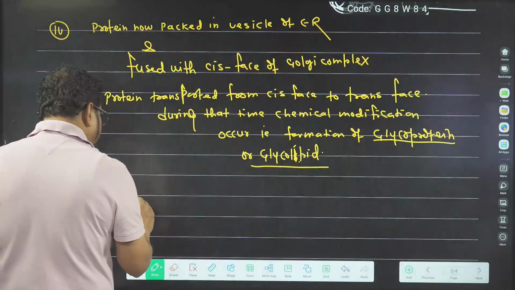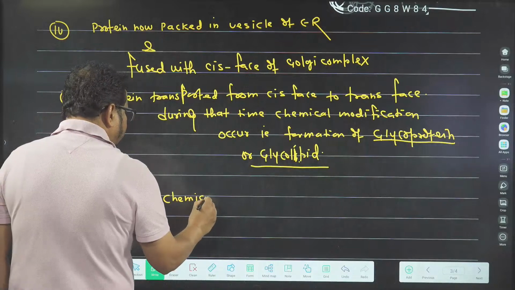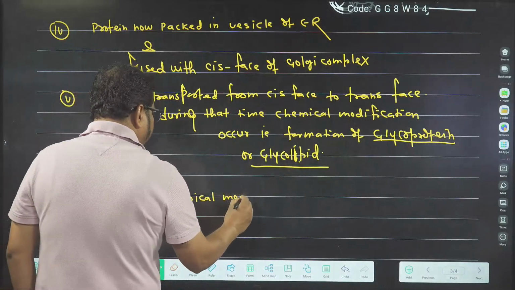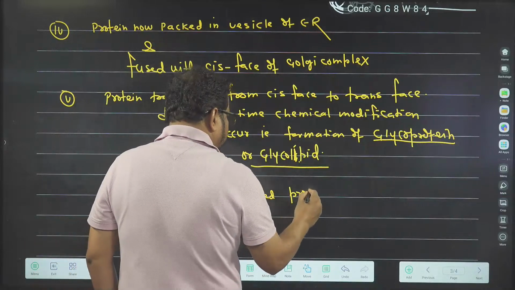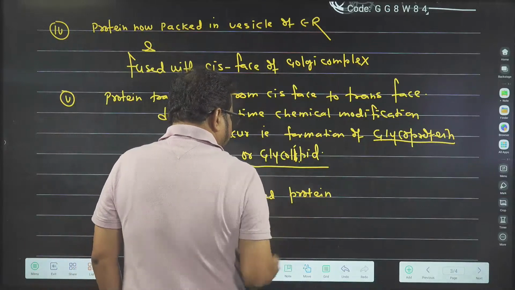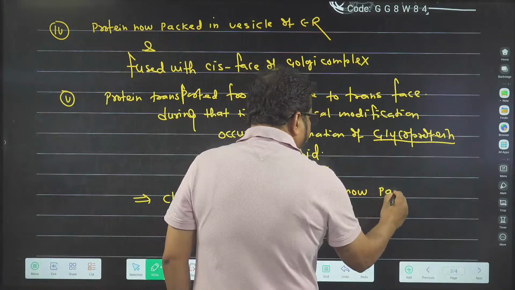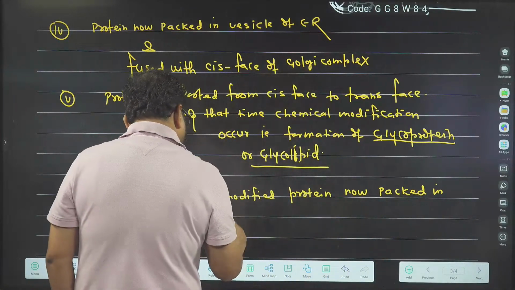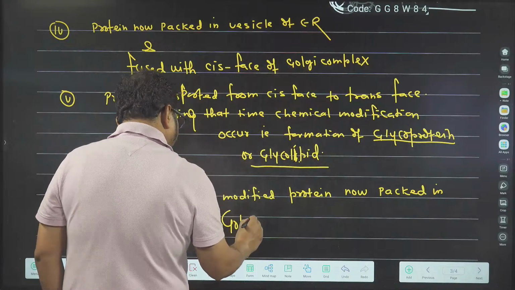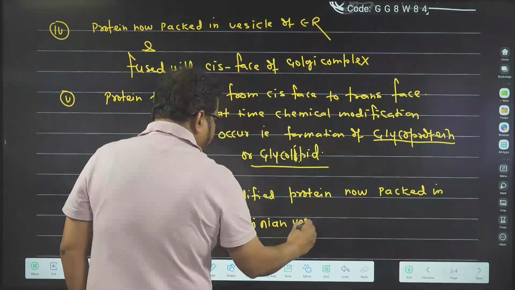Now what happened? The chemically modified protein is now packed in a Golgian vesicle.